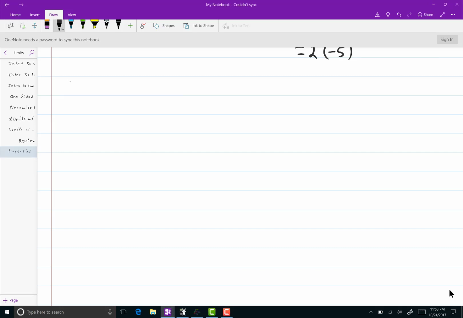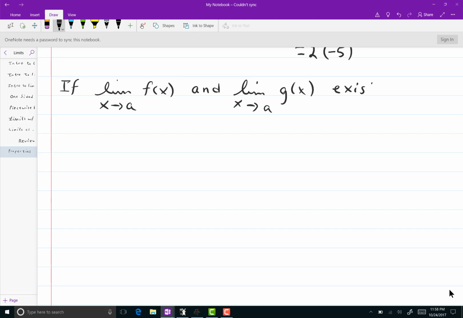Continuing where I left off last time with these limit properties. Suppose you know that the limit as x goes to a of f of x and the limit as x goes to a of g of x exist and are finite.